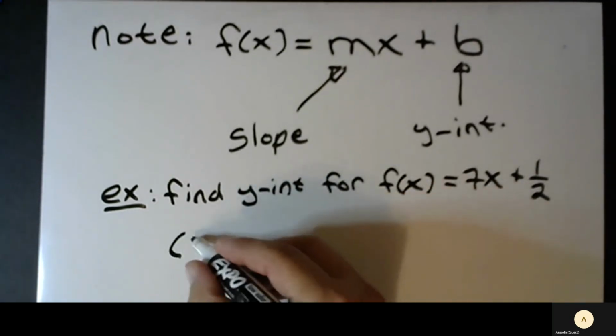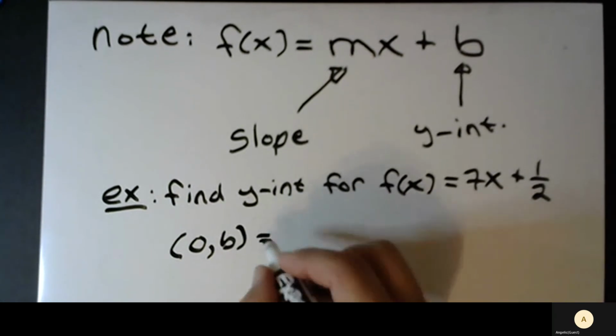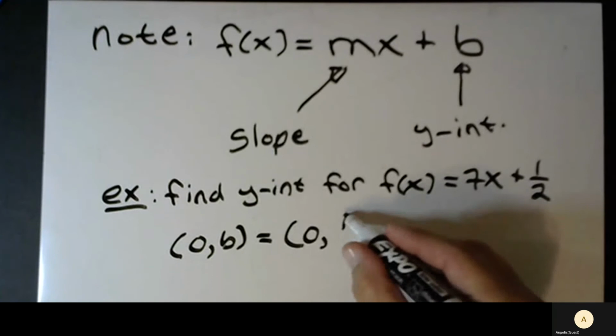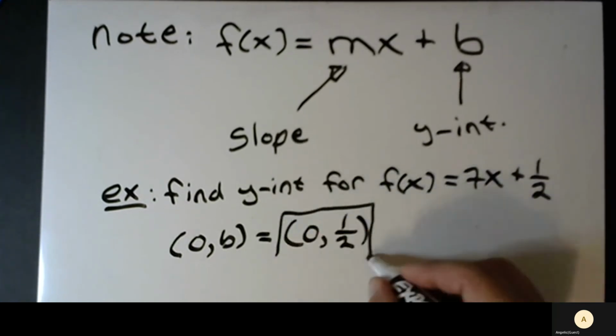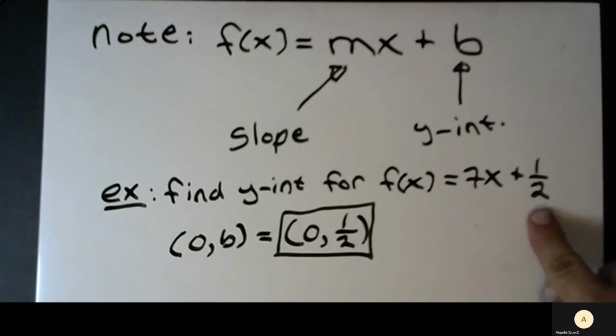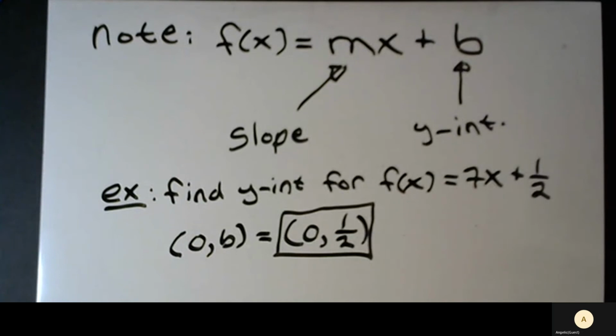So our answer, 0, b for the y-intercept, it'll be 0, 1/2. We don't have to do any computations where we let x be 0 and then solve for y. Don't have to do that at all. You don't have to. You can just read it off right there.